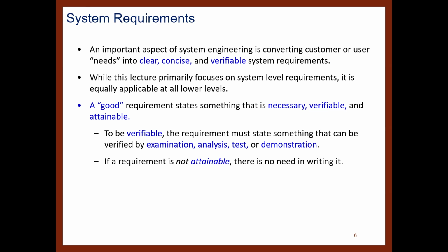Like if you satisfy this requirement, there's no need for you to worry about these other requirements because they overlap. So we want to make sure that our system requirements are well written, but at the same time precise in a way that we don't duplicate some of the work that we are trying to do.